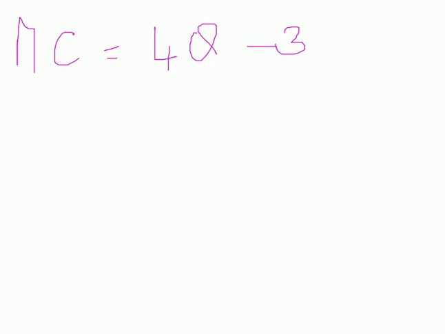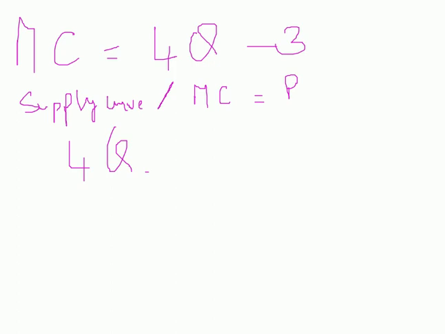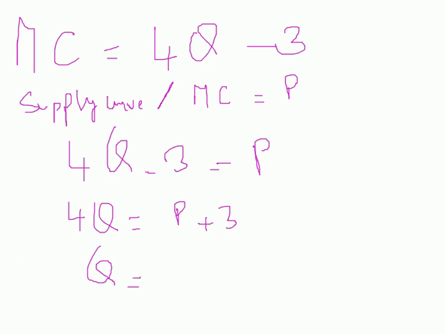Then we can find the supply curve by equalizing the marginal cost and the market price. So 4Q minus 3 is equal to P. So 4Q is equal to P plus 3. So Q is equal to P plus 3 divided by 4.